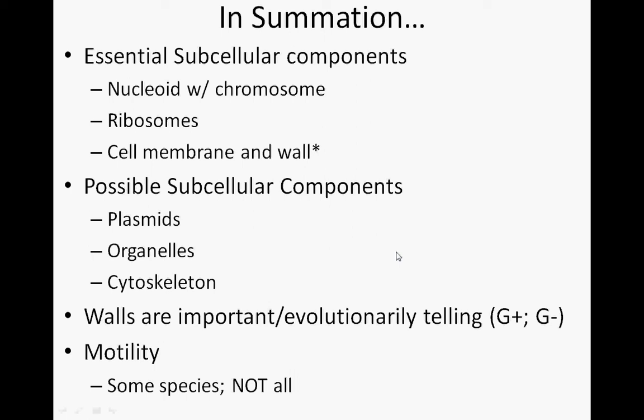Another point to take away from this is that cell walls in bacteria are extremely important from a clinical standpoint, and they're also extremely important from an evolutionary standpoint. They're very evolutionarily telling. All gram-positive bacteria are more closely related to each other on a genetic level than they are to any single gram-negative bacterial species.